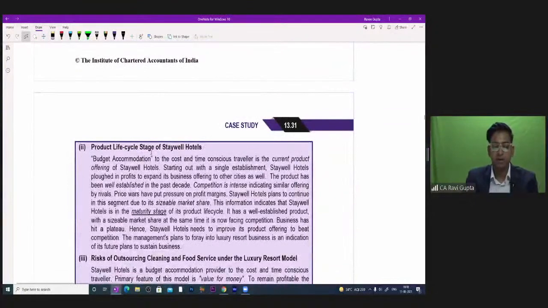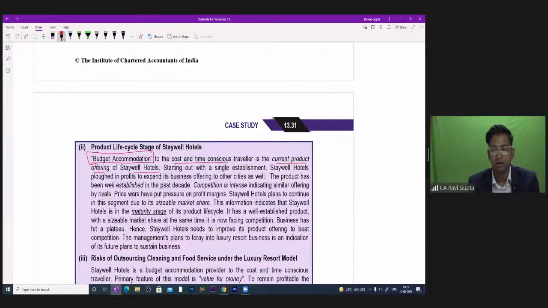Then we have the product life cycle stage of Stay Well Hotels. What is that? Okay, let's see. Budget accommodation to the cost and time conscious traveler is the current product offering of Stay Well Hotels.